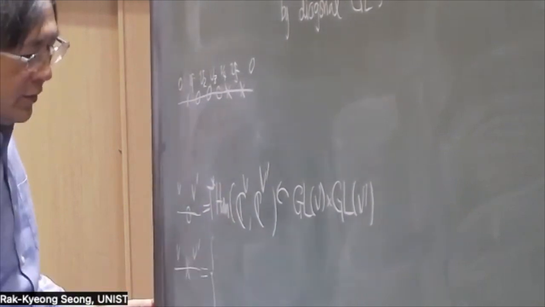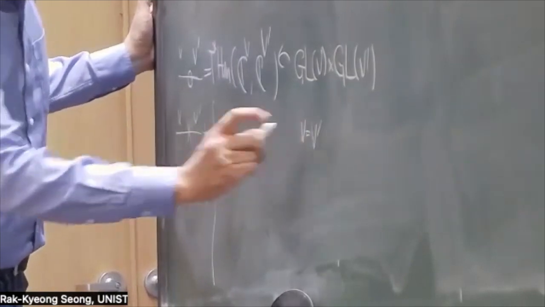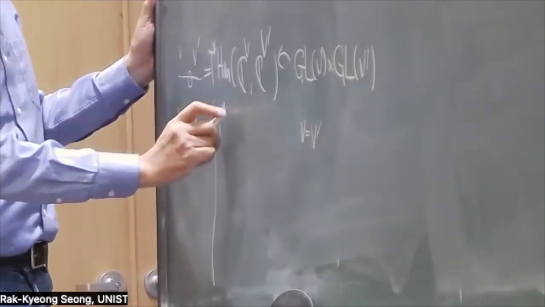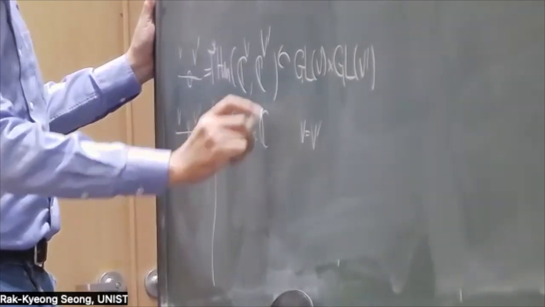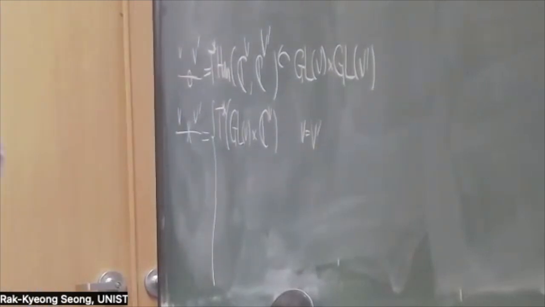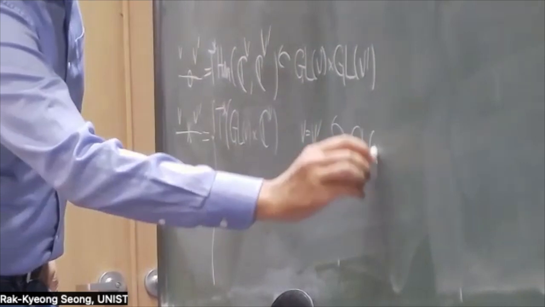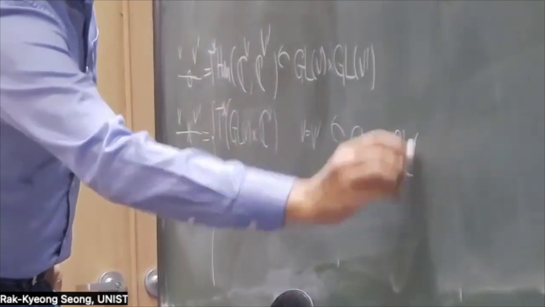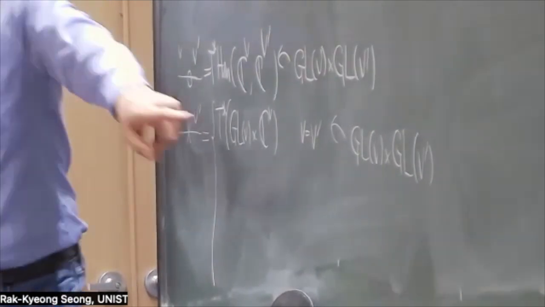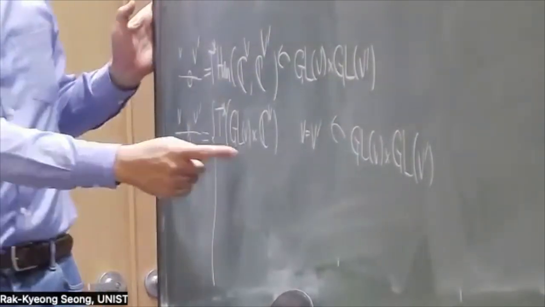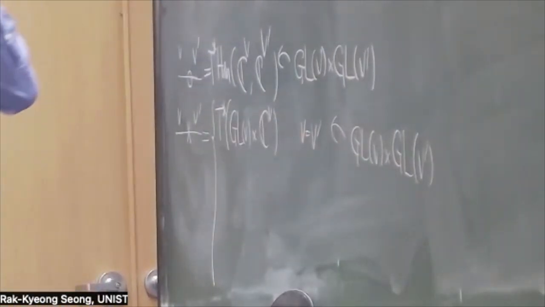So this has 3 cases. If V is equal to V prime, this is T star of GL V times C of V, and again this has an action of GL V times GL V. In this case, basically this is left and right multiplication, and C of V has only left multiplication.